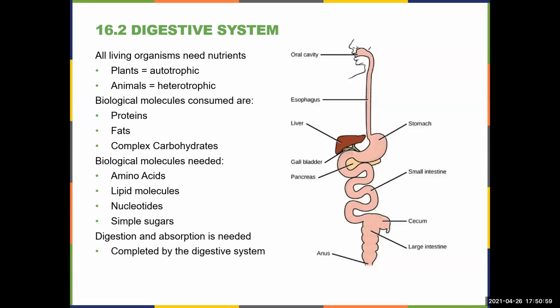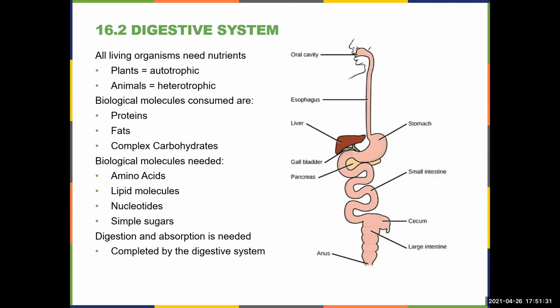Now, this is different from the biological molecules that we actually need. We need amino acids, lipid molecules, nucleotides, and simple sugars. But if there's one thing that you notice, especially from our early module where we talked about organic compounds, it's that amino acids come from proteins, lipid molecules come from fats, and simple sugars come from complex carbohydrates.